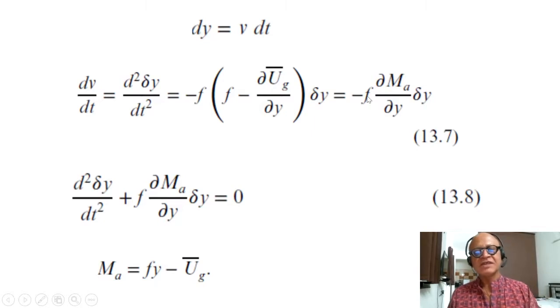Basically, we are trying to again derive a wave equation to look for instabilities, right? That's what we are usually doing, linearizing the system and looking for waveforms. So d squared delta y dt squared plus f d m a dy times delta y equals 0, where m a is f y minus u bar g. Okay.